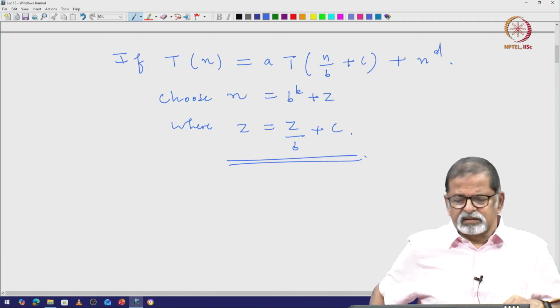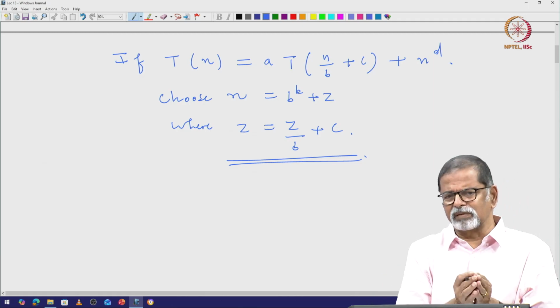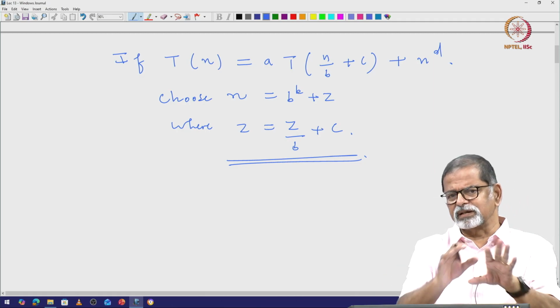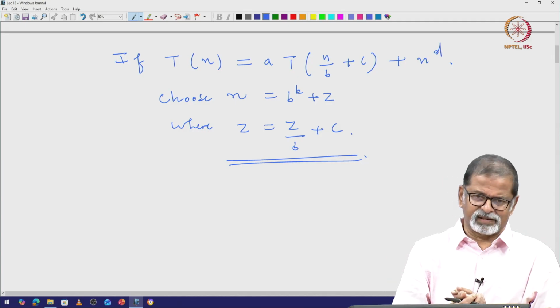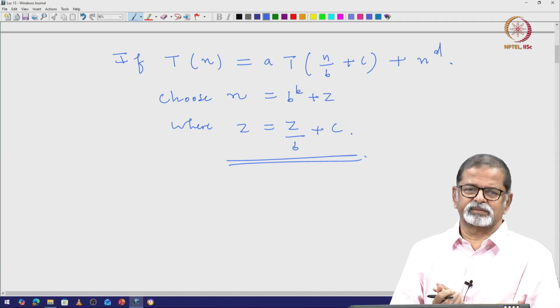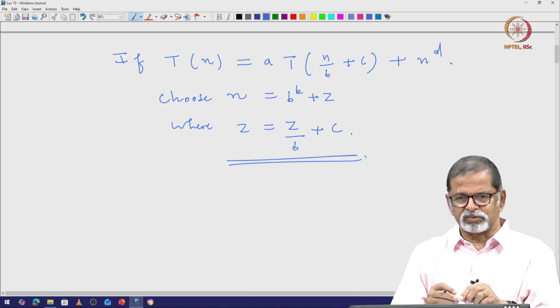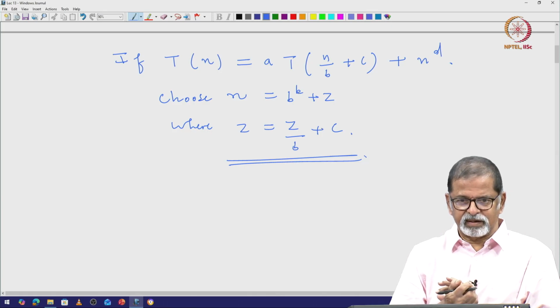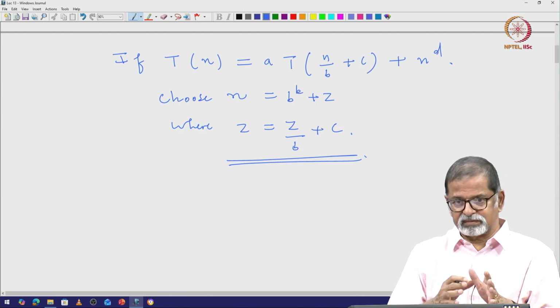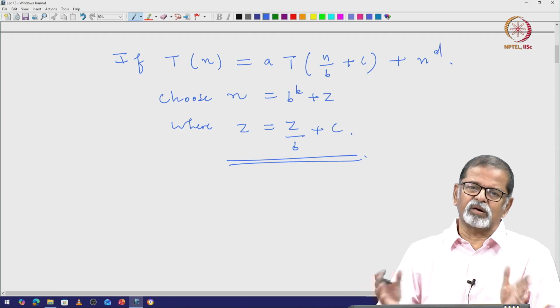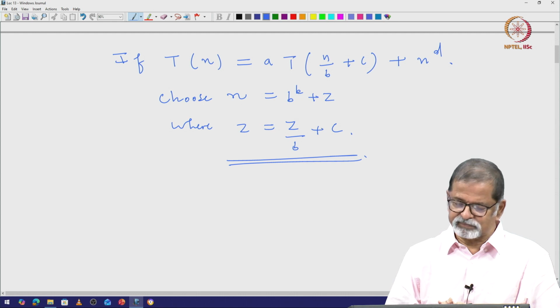It is a small bit of detail about the algebra, but it will make the analysis cleaner, and without hand waving, we will be able to proceed in a cleaner way and conclude about the order of T of n.